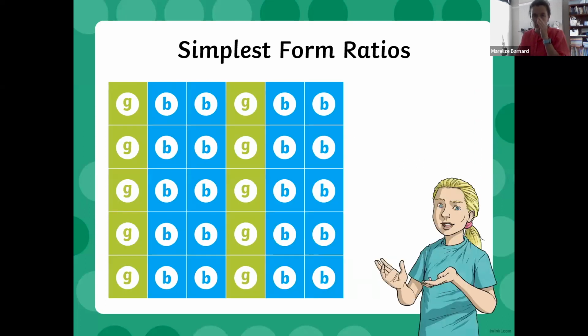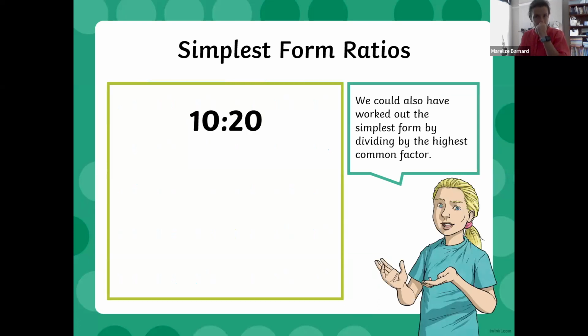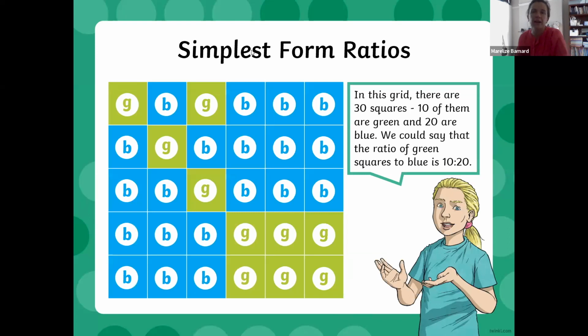Okay, let's go back. So in this grid, there are 30 squares. 10 of them are green and 20 are blue. So the ratio is 10 to 20.